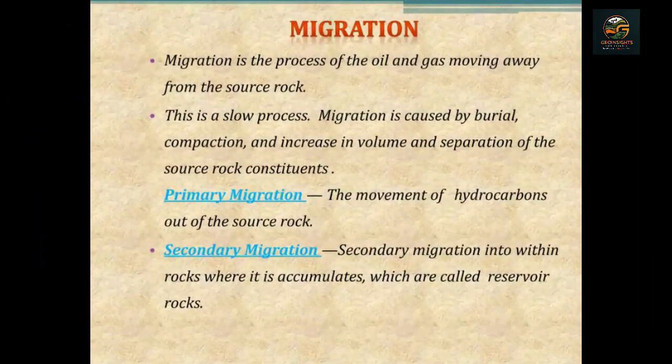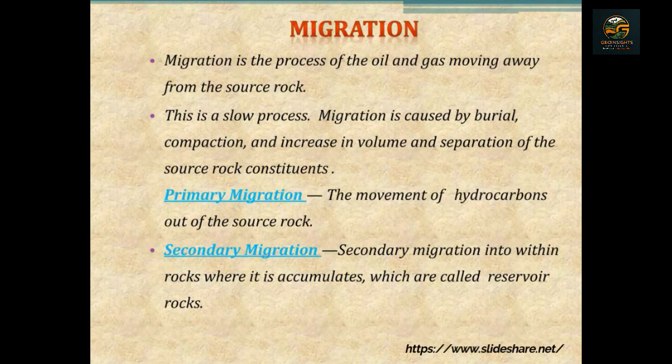Now, let's describe the different types of migration. Actually, we have two main types of hydrocarbon migration: primary migration and secondary migration. The primary migration is the movement of hydrocarbons out of the source rock. This stage is considered one of the most difficult processes because hydrocarbons must escape from very low permeability rocks, such as shale.